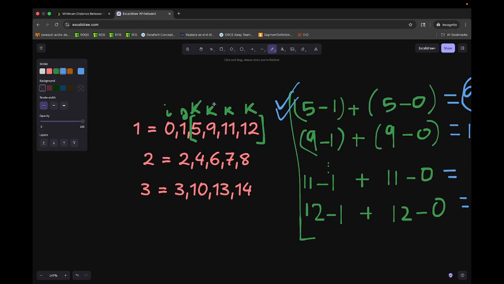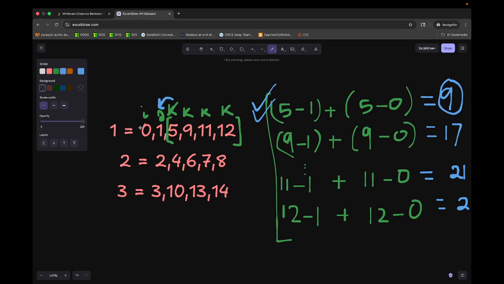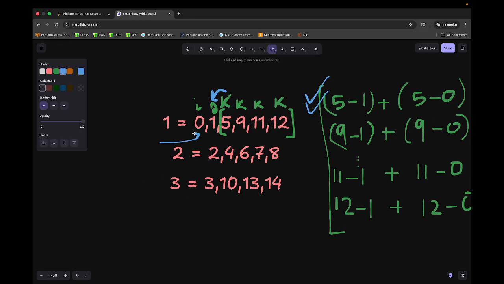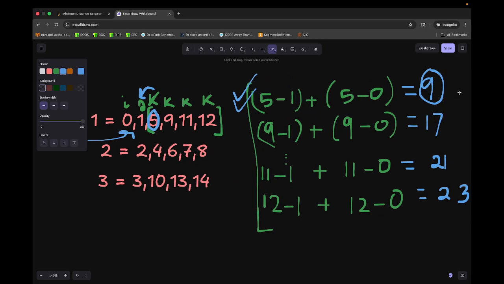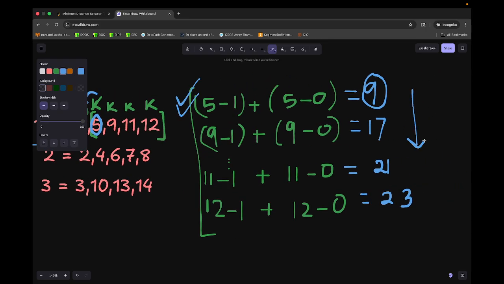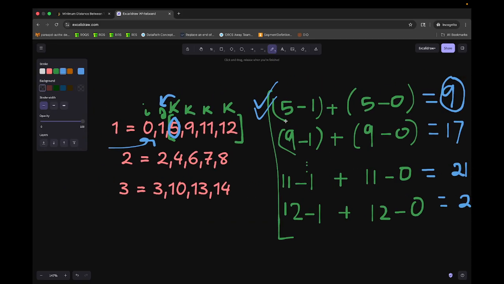We saw that when we took k closest to j, we got the smallest sum, because we have this list sorted. If we have 5, then we are sure that if we take any k greater than 5, the sum will always increase. It will never decrease. This is because we have the indexes sorted in ascending order.